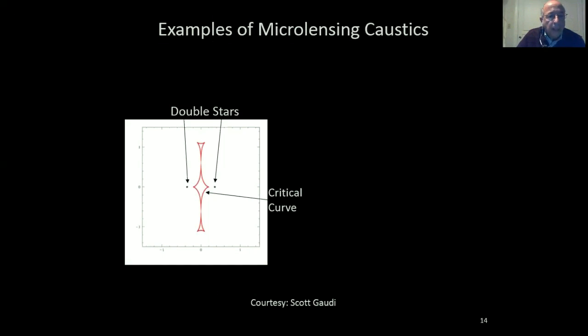Depending upon how it crosses the caustic, what angle, which part of the caustic, its light curve is going to change differently. We're going to see an example.